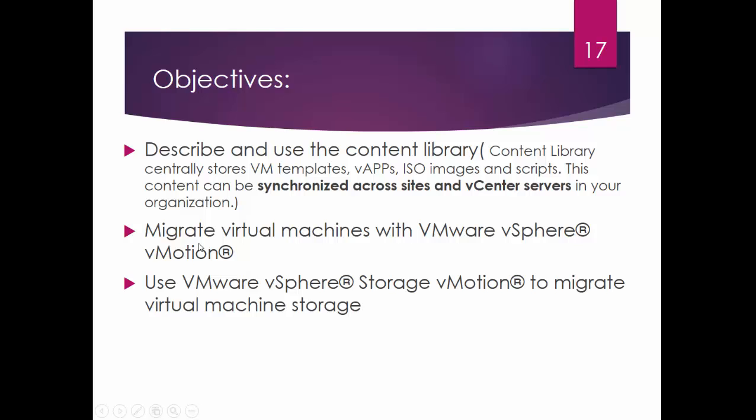So vMotion is this: a virtual machine is hosted on top of a physical hypervisor, and now that hypervisor has some problem. There are hundreds or maybe thousands of end user connections made to that virtual machine. Thousands of clients are connected to that machine, and it's on top of the physical server.